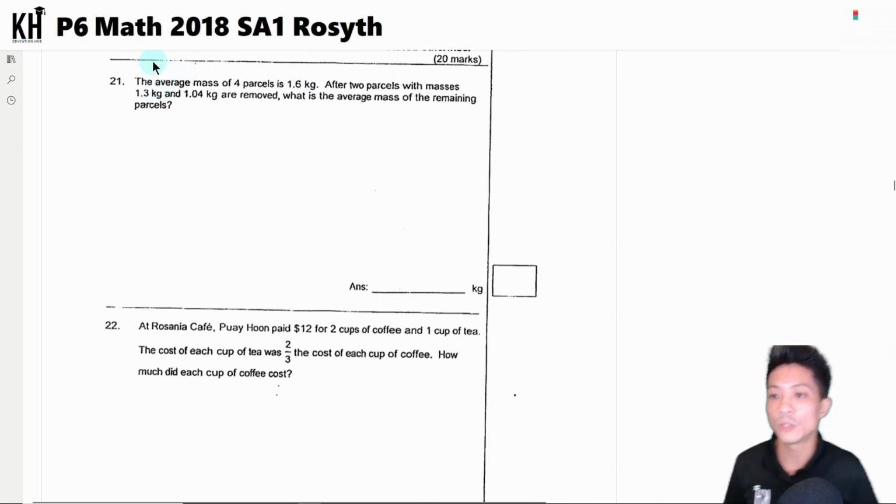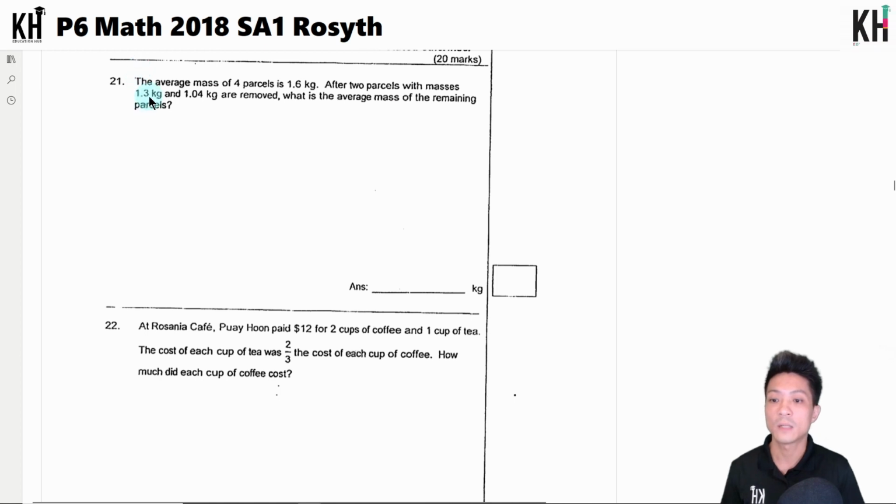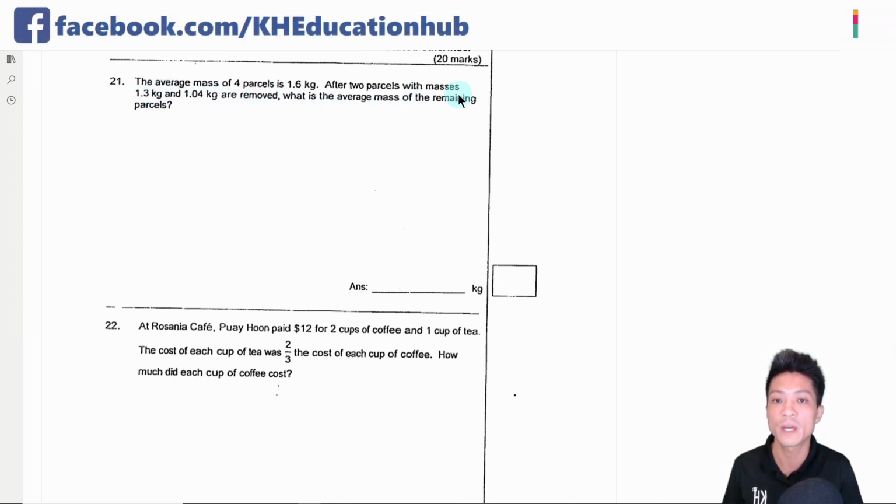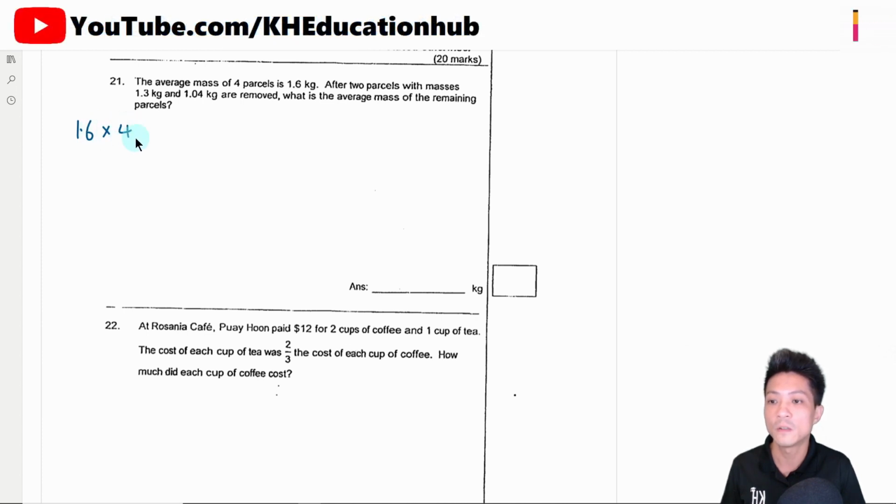Okay, we move on to question 21. Question 21 is a 2 marks question. The average mass of 4 parcels is 1.6 kg. After 2 parcels with masses 1.3 kg and 1.04 kg are removed, what is the average mass of the remaining parcels? So the first step that we need to do is use 1.6 times 4.